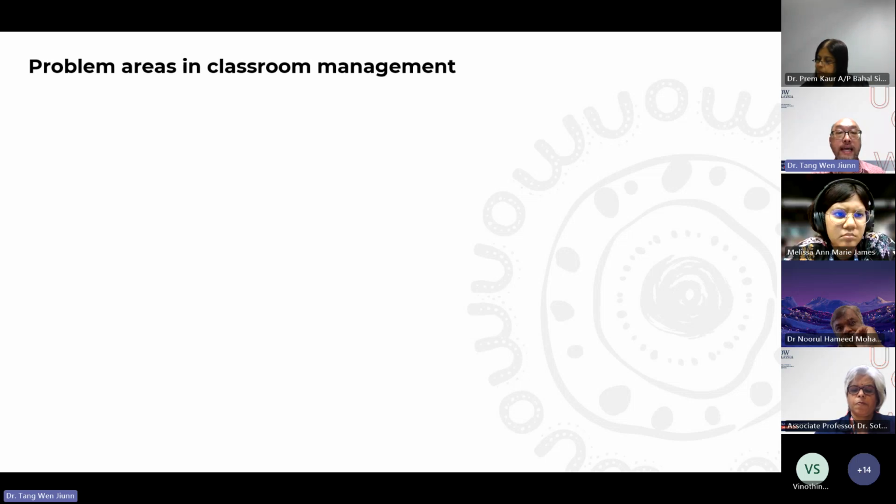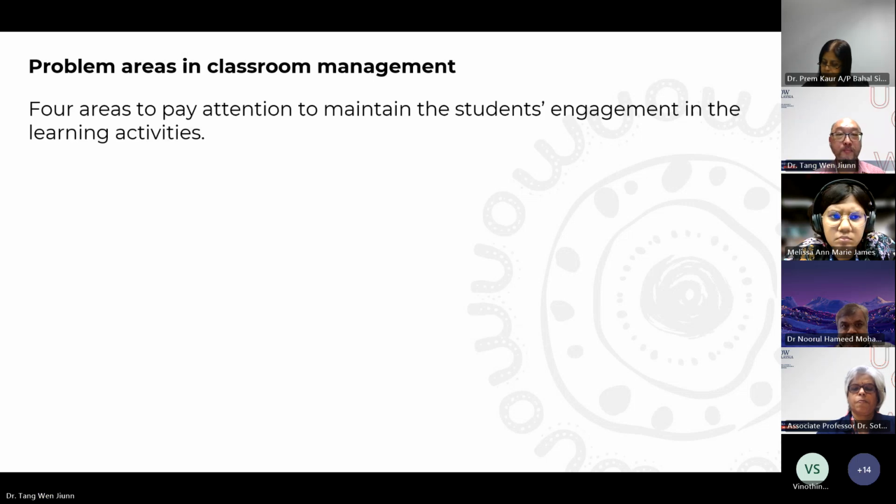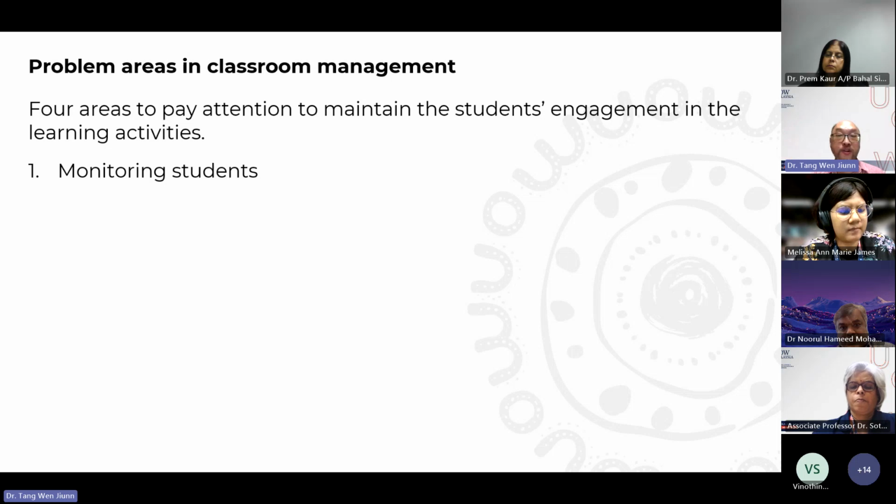Some of the areas we have to take note of, where problems might occur, are four areas. First is monitoring students. Earlier on, we mentioned the rules, regulations, and the climate we are promoting in the class. If we don't monitor the students closely, then it might fail.